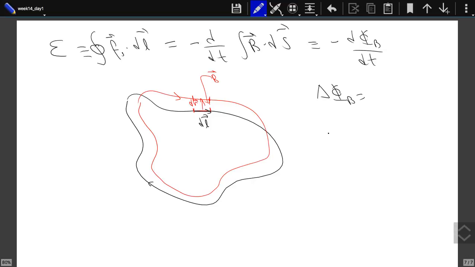That ds is equal to dl cross dr, or dr cross dl, sorry. Well, you see my loop is going clockwise, so my ds vector is into the screen. That's my ds vector. Now let me write it in this form.